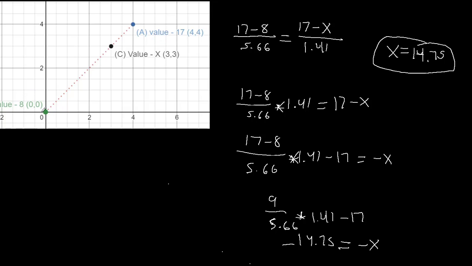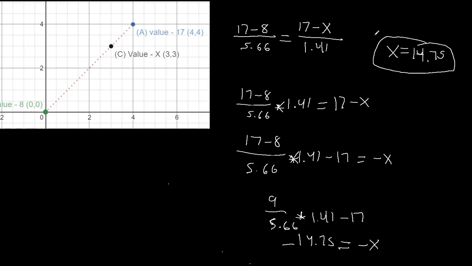So does it make sense for a point that's this close to A and this far away from B to have a value of approximately 15? Well, yeah, it seems pretty reasonable. We obviously don't have good human visual ability to determine what value this should be, but it certainly seems reasonable. It's in the proper range.